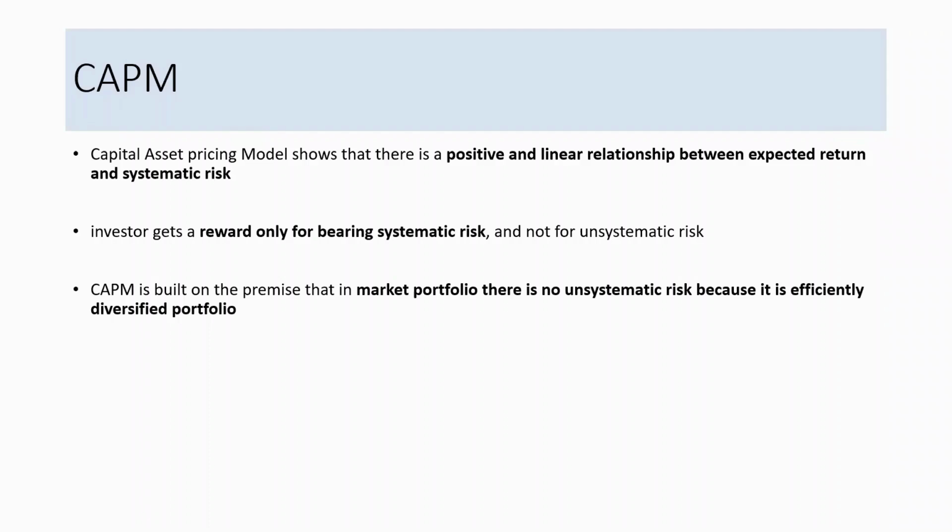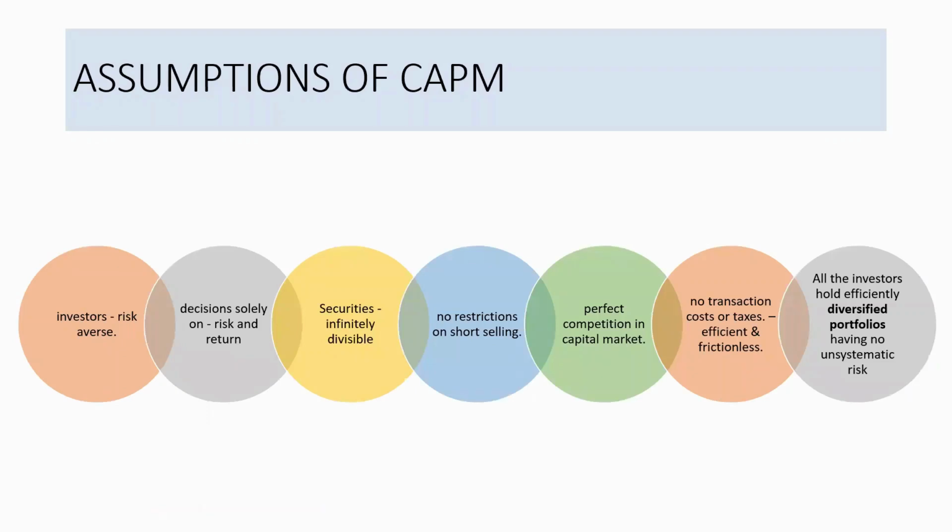The basic assumption of CAPM is that investors hold a portfolio where all the unsystematic risk is already diversified and there is nil unsystematic risk. It is known as the efficiently diversified portfolio. These are a few assumptions of the CAPM model.